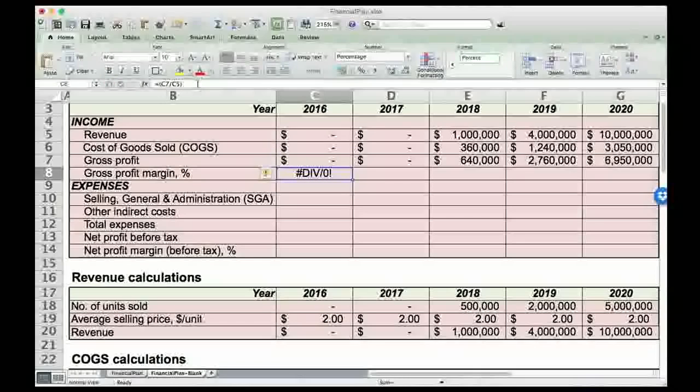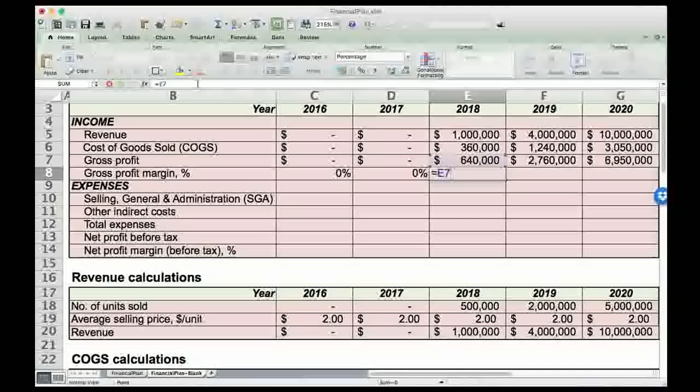So in this case, if you have zero revenue and zero cost of goods sold, so you have nothing, so gross profit would be 0%. And 2017 also it would be 0%, but it would increase for 2018, 2019 and 2020.